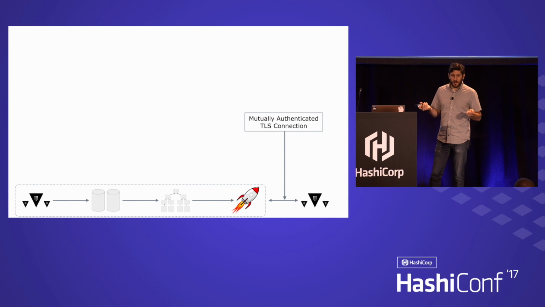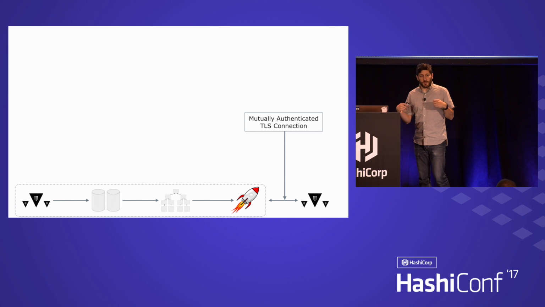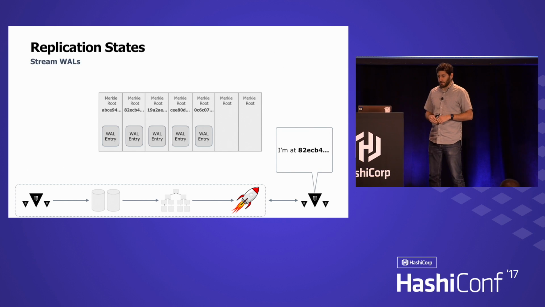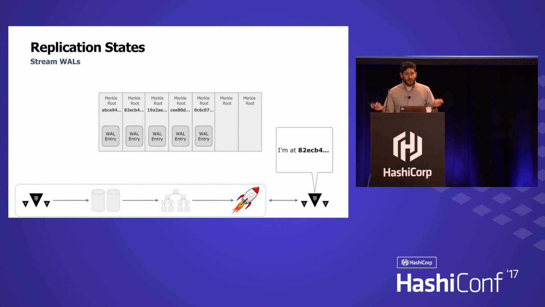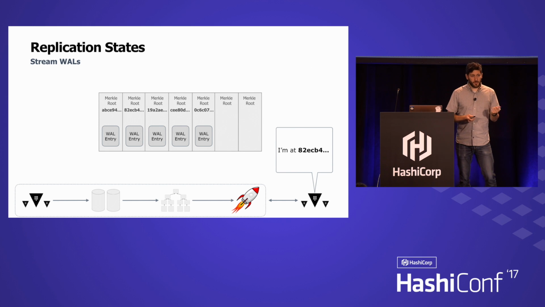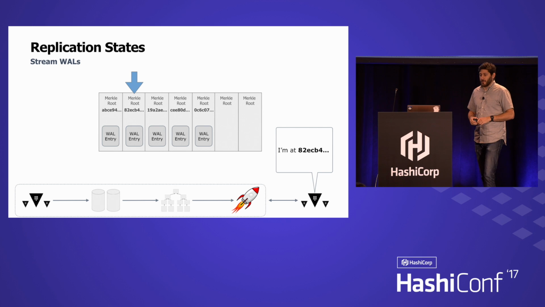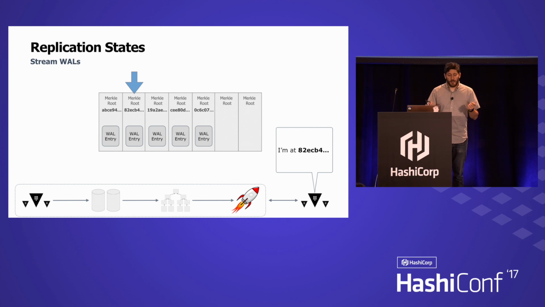So when a new secondary connects, it does so over this mutually authenticated TLS connection and attempts to join in streaming WAL mode. And what that means is the secondary tells the primary what its current state is, so it shares its Merkle root with the primary. And then the primary can use that to look backwards in its log shipper to find if it has a match.